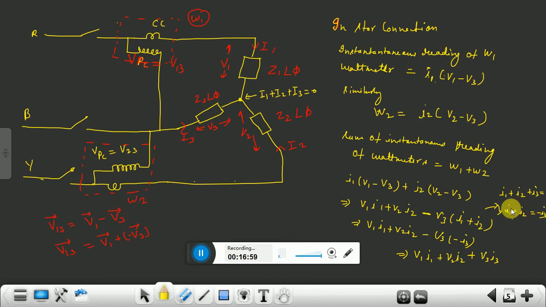Put the value of I1 plus I2 from this equation: V1 I1 plus V2 I2 minus V3 in bracket minus I3. Minus minus is plus. So V1 I1 plus V2 I2 plus V3 I3 is your three-phase power measurement.